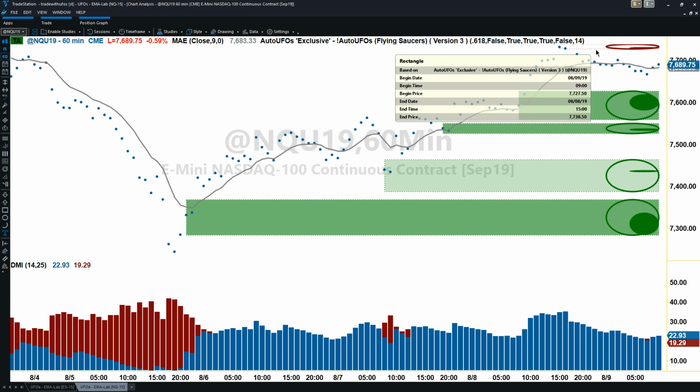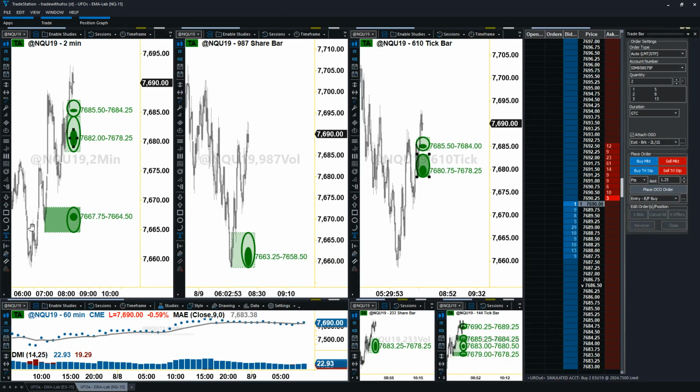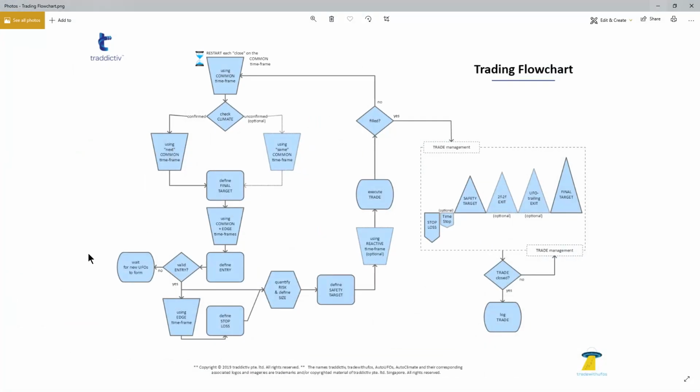That would be the one for the NASDAQ in the 60-minute time frame. 77.27.5. Again, remember, that's important. I am using the 60-minute time frame to do this, because the climate is confirmed, so as the flow chart suggests, we go for the next common time frame. We don't use the same one. We use the next one.